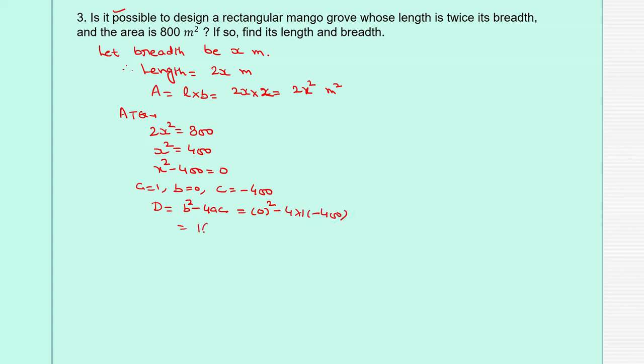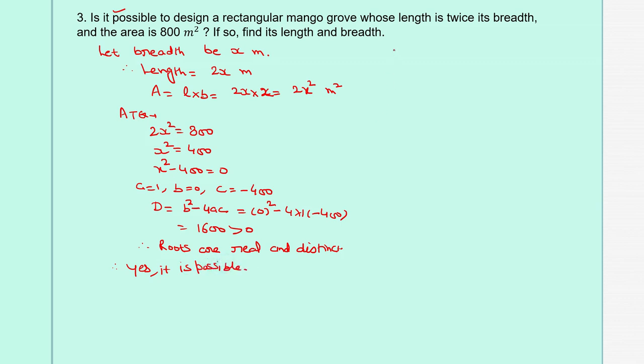We get 1600, which is greater than 0. Therefore, roots are real and distinct. As roots are real and distinct, therefore yes, it is possible to design this rectangular field.